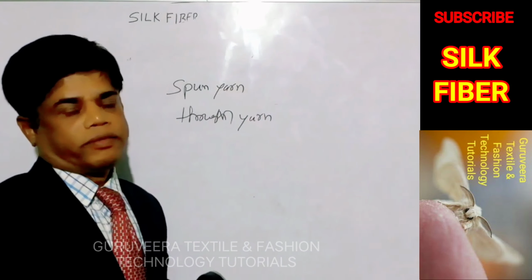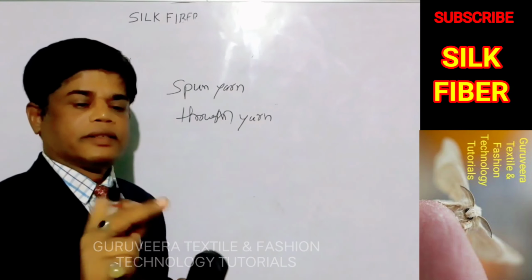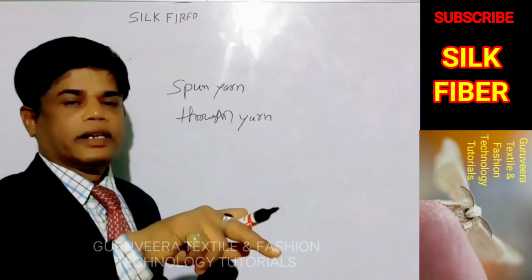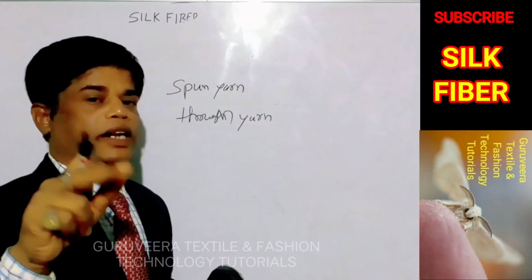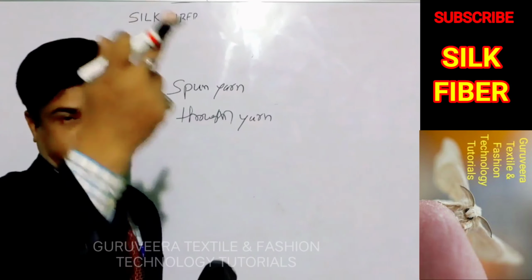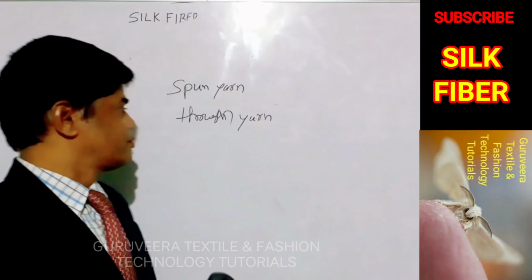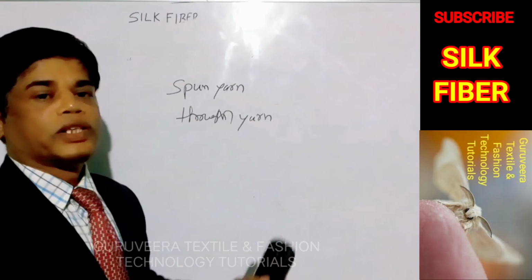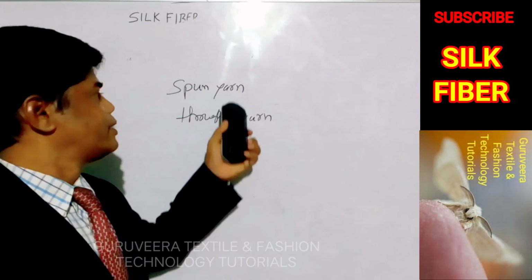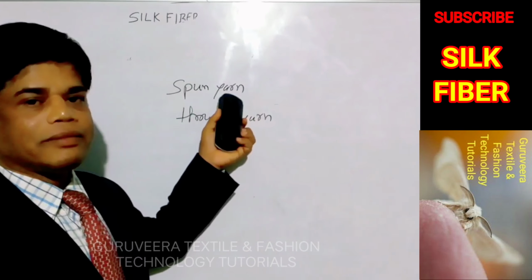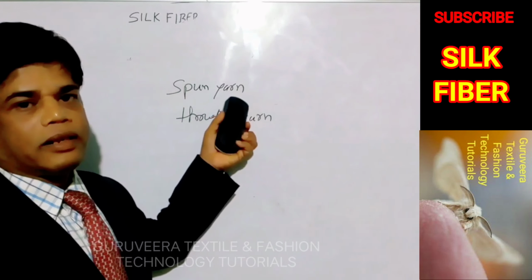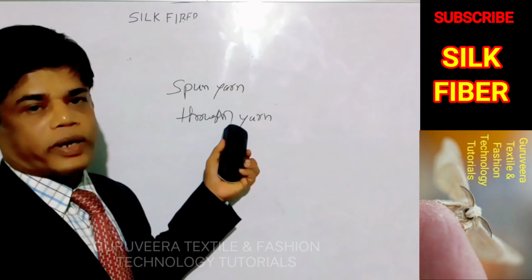It can be blended with other fibers. Silk is blended with polyester, and with others. It depends upon the end use. The blending topic we will take in future classes. Now, individual fiber studies are going on. Strength wise, thrown yarn is stronger than spun yarn, even though it is twisted in the spinning wheel.